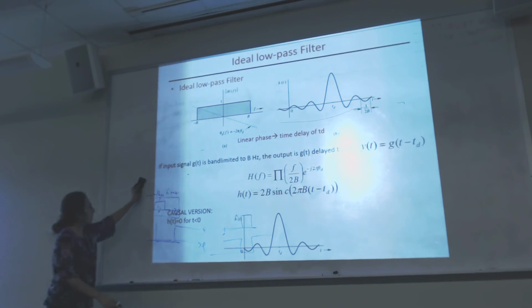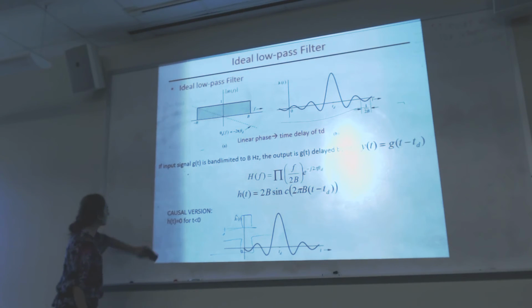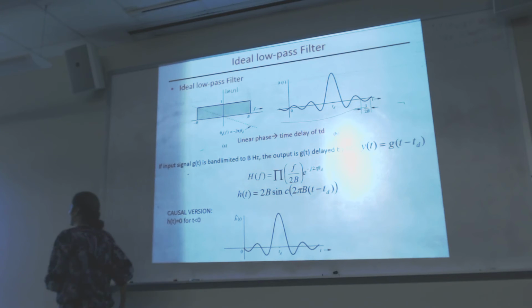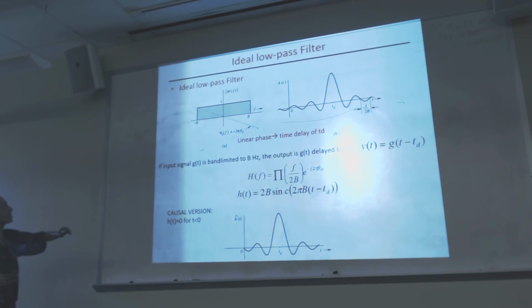Let's start with the pulse, which is a low pass filter. Let's say the magnitude of H(f) is given by a pulse. So this is the magnitude, H(f) is the pulse, represented as f over 2B, where B is the bandwidth. And then the phase, as you see, is a linear phase.